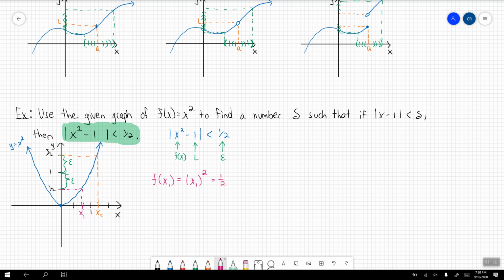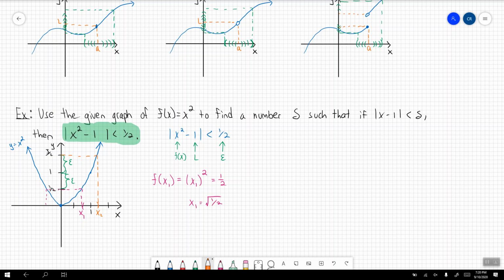Now, if we want to solve for x sub 1, all we need to do is take the square root. Be very careful when you take the square root, because it will produce two different values. We want to make sure we only focus on the positive value, which means that x sub 1 will equal the square root of 1/2. And we'll keep that in our back pocket for now.